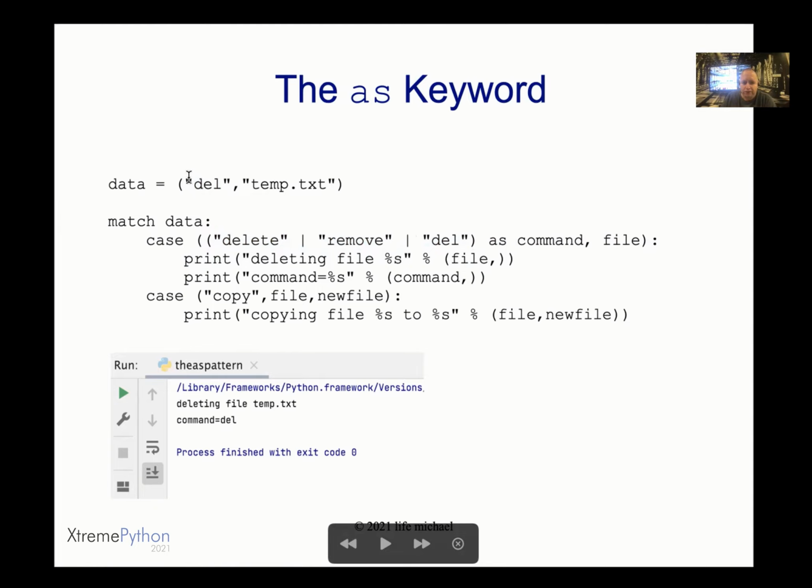And in this case, we have a match between this string and this one. And using the as keyword, we actually get the variable we place right after assigned with that specific value that is one of these three. So the variable command is actually assigned with the string del, and file is assigned with this string.